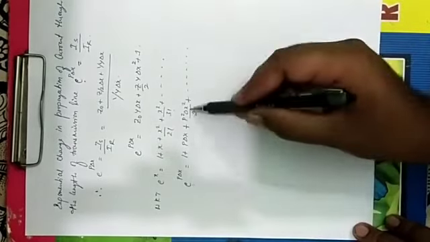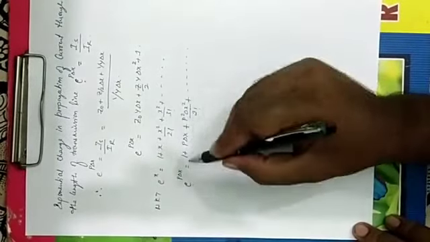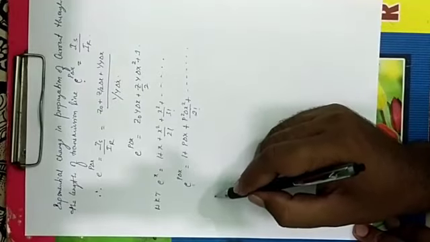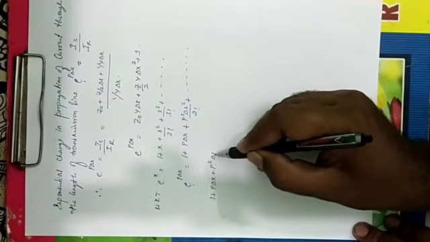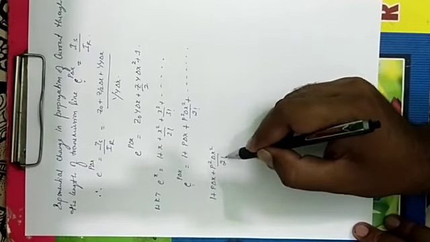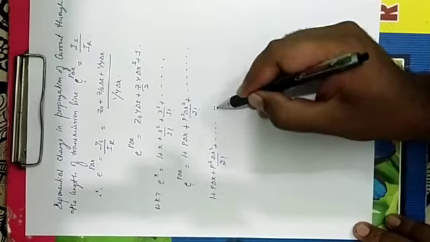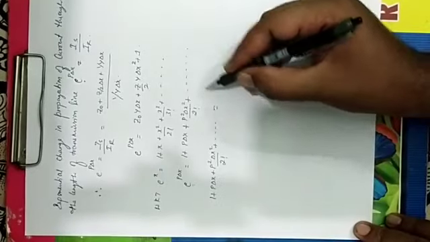So by substituting this into the equation, 1 plus p delta x plus p square delta x square by 2 factorial plus so on is equal to the RHS.